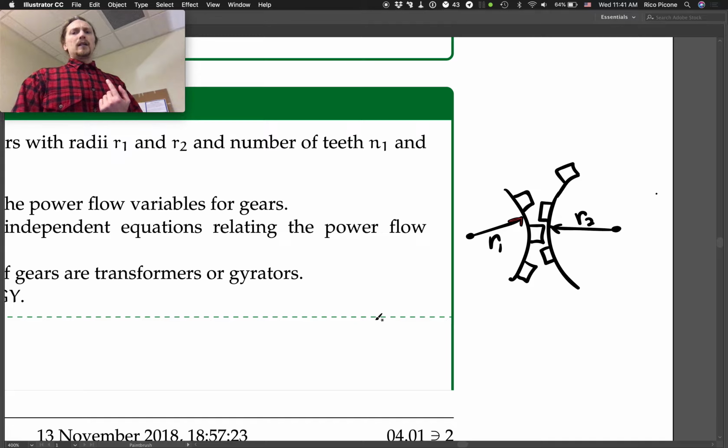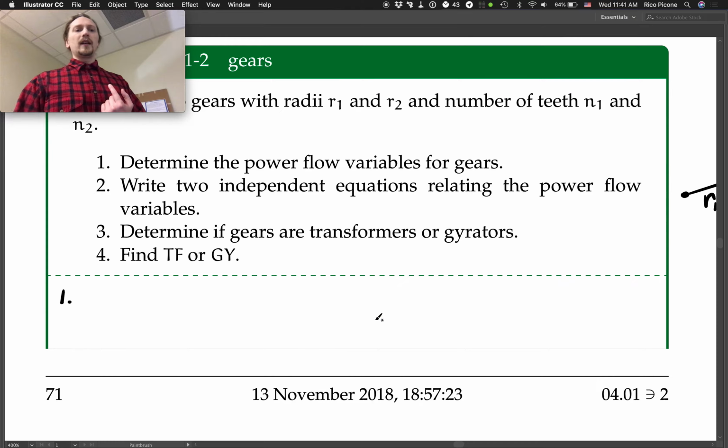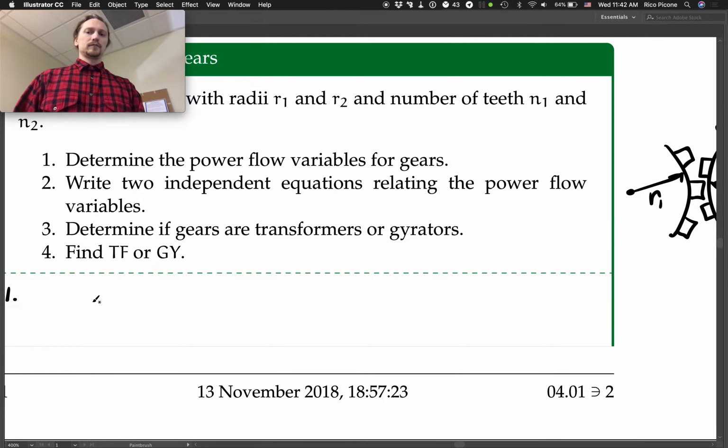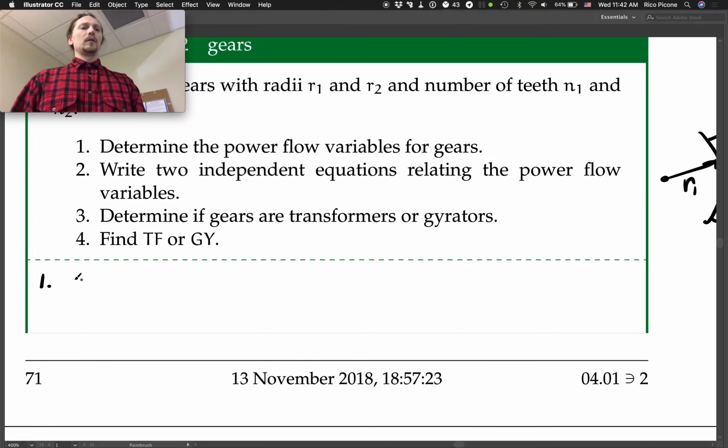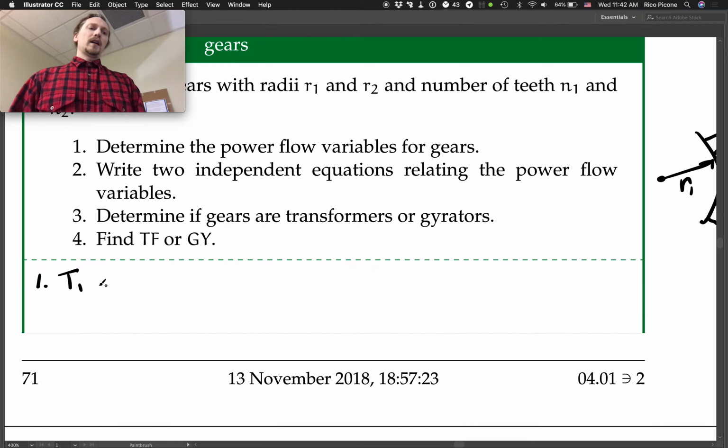And the power in a rotational system, what are the two power flow variables that we've used? We've used torque. So torque on the one side. And what's the other one? Angular velocity. Good. Okay, so torque and angular velocity.